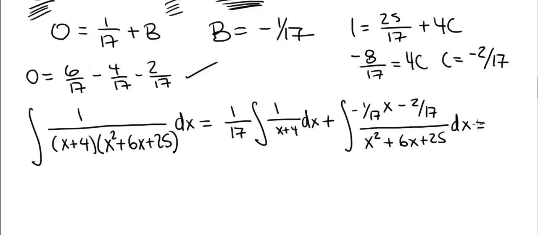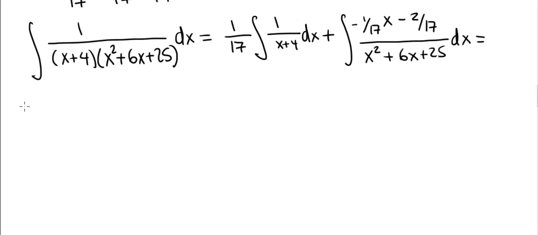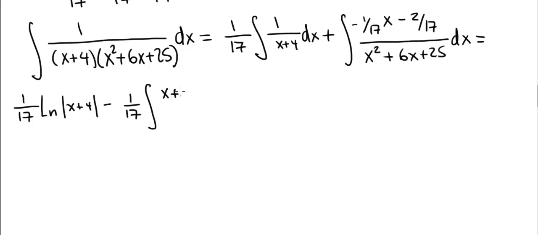Let's rewrite this as, first, we know already the first integral. It's 1 over 17 times the natural log of the absolute value of x plus 4. Then factor out minus 1/17, and that gives us the integral of x plus 2 divided by x squared plus 6x plus 25.